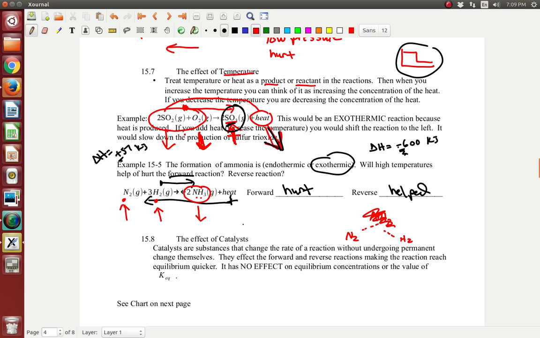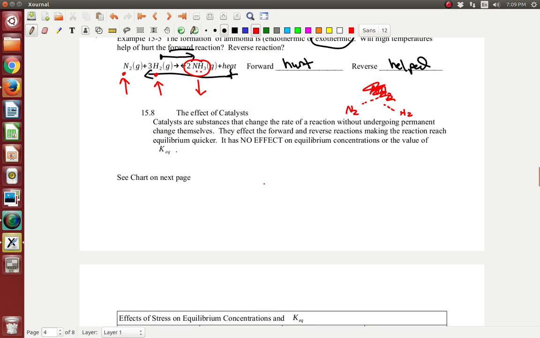All right, lastly, we're going to talk about the effect of a catalyst. Now remember, a catalyst, it's that bridge that gets you from one side to the other side. And here's the boy, and he wants to go see the girl, and she's on the other side, and the catalyst is right here, is the short way.